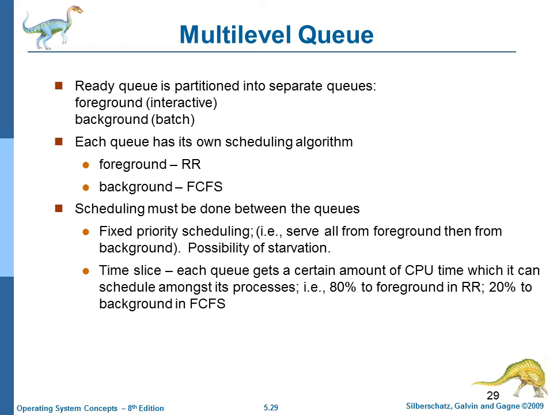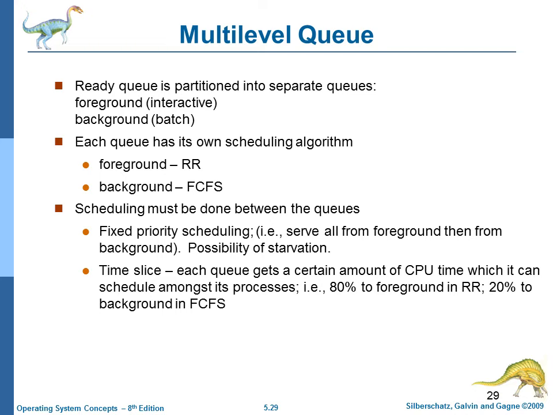Scheduling must also be done between queues, that is, scheduling one queue to get time relative to other queues. Two common options are strict priority, where no job in a lower priority queue runs until all the higher priority queues are empty, and round robin, where each queue gets a time slice in turn, possibly of different sizes.